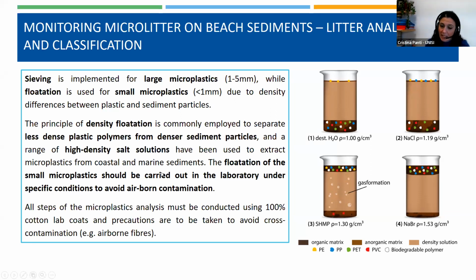But bear in mind that when we are talking about macrolitter, in particular microplastics, the contamination that we can introduce inside the samples is very high. So in all the steps that you perform in the lab, it's strongly recommended to use lab coats in order to not include additional plastic items, because fibers, for instance, from textiles can be considered as microplastics.